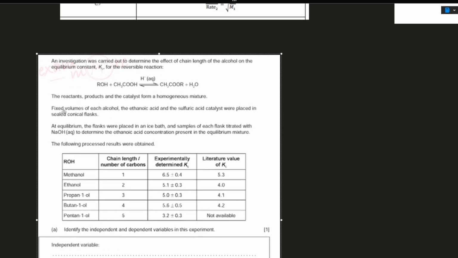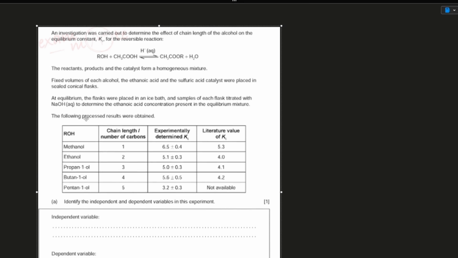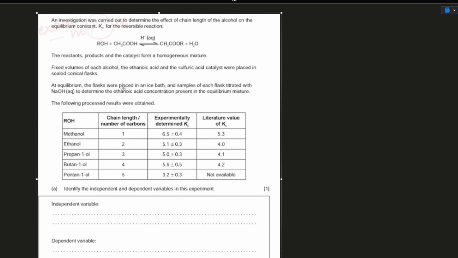And here it says fixed volumes of each alcohol, the ethanoic acid and the sulfuric acid catalyst were placed in sealed conical flasks. At equilibrium, the flasks were placed in an ice bath, and samples of each flask titrated with sodium hydroxide to determine the ethanoic acid concentration present in the equilibrium mixture.